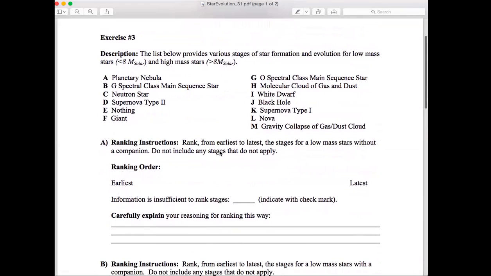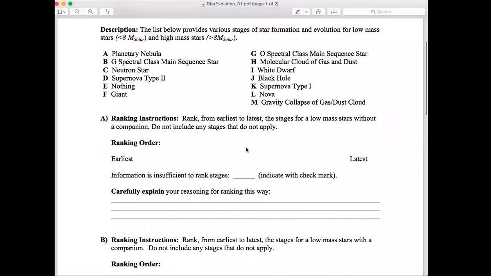So what do you need? Rank from earliest to latest the stages for a low mass star without a companion. I started with H, molecular cloud, gas and dust. Okay. And then I went to M, gravity collapse of the gas and dust cloud. Okay, fine. And then I went to B, G spectral class main sequence star, like our sun.